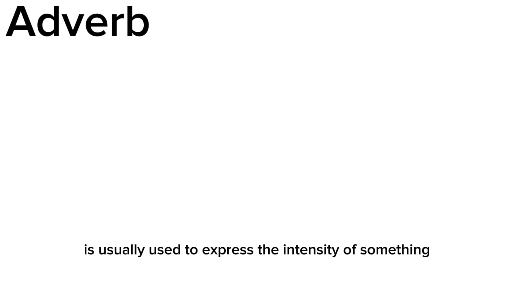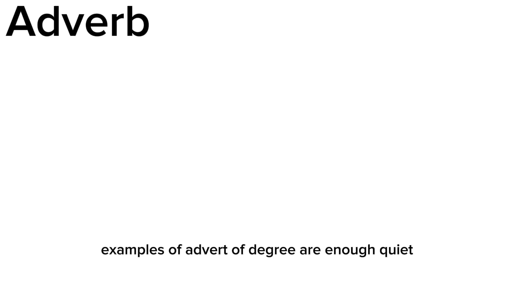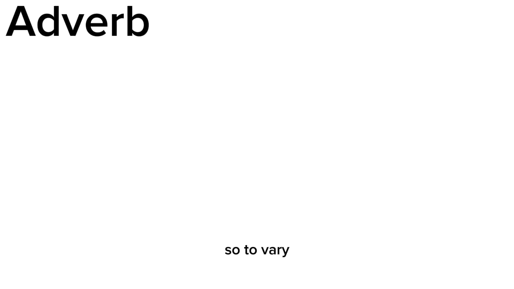Adverb of degree. This adverb is usually used to express the intensity of something, or these adverbs can help us to express how much or to what extent something happened. Examples of adverbs of degree are enough, quite, so, too, very.